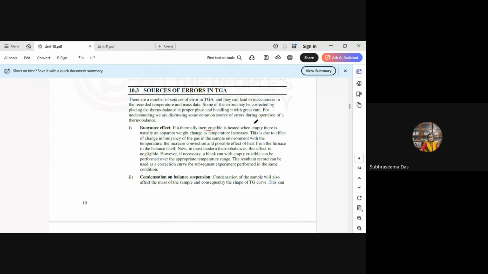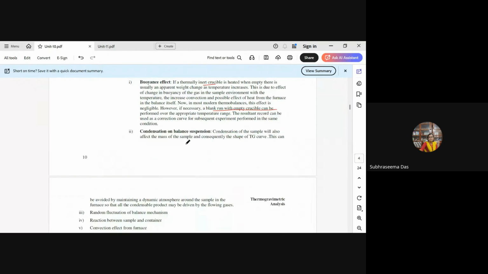If our crucible is not stable up to that temperature, then we see an apparent weight change arising from the crucible, in addition to the mass loss of the sample. This is called the buoyancy effect. To avoid it, we always run a blank run without the sample, only the empty crucible, so that we know how much error is present due to the heating of the crucible.